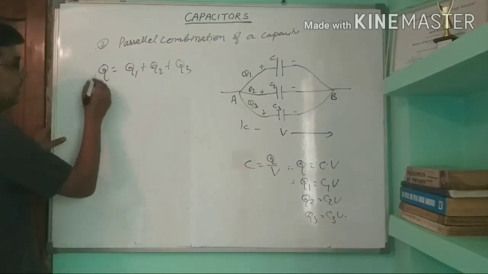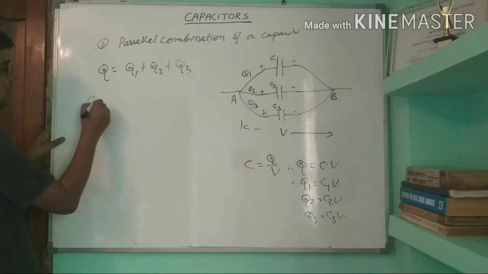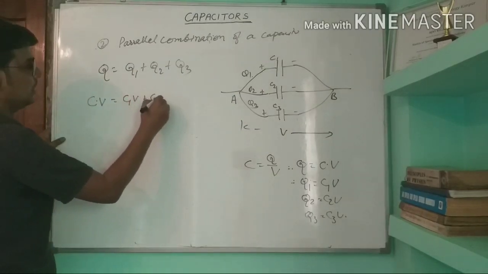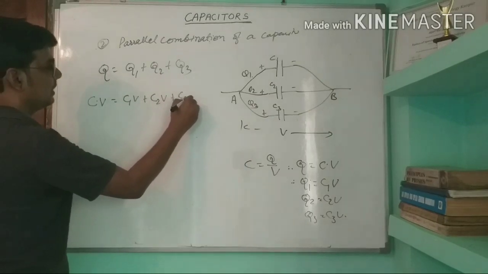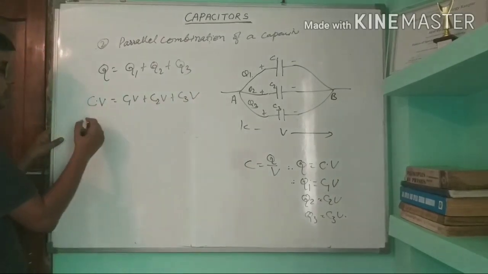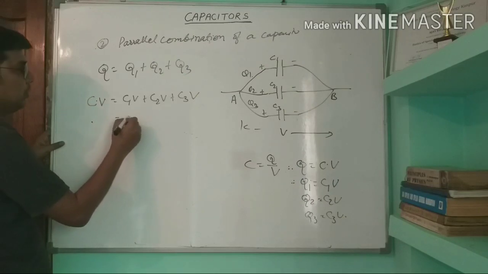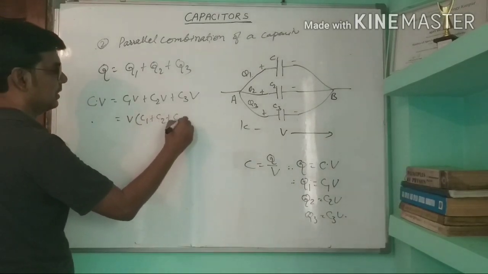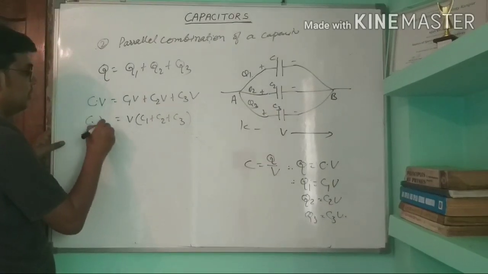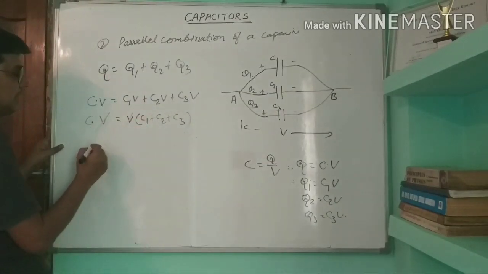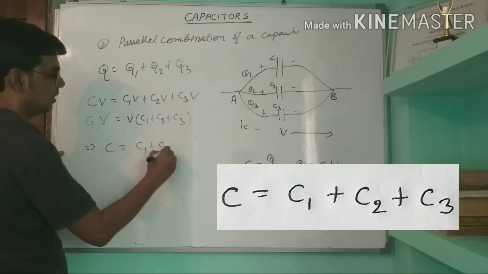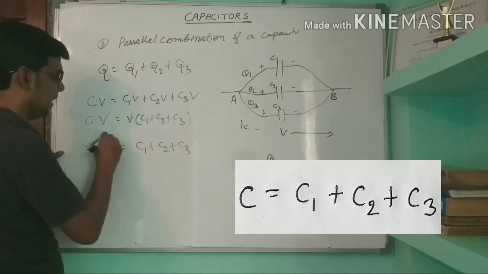Therefore, instead of Q we can write C V equals C1 V plus C2 V plus C3 V. Now take out V common: C1 plus C2 plus C3 equals C. V cancels. Finally C equals C1 plus C2 plus C3.